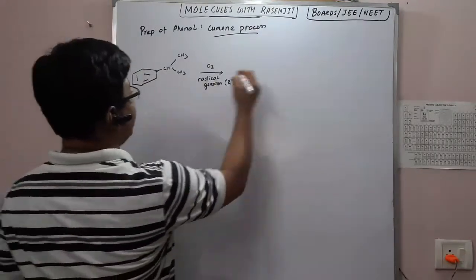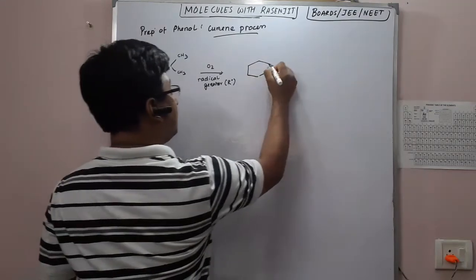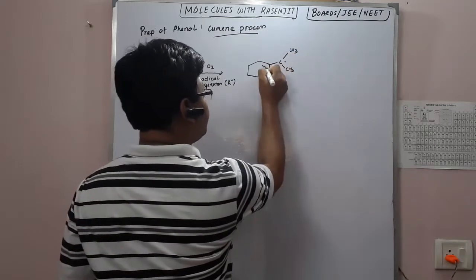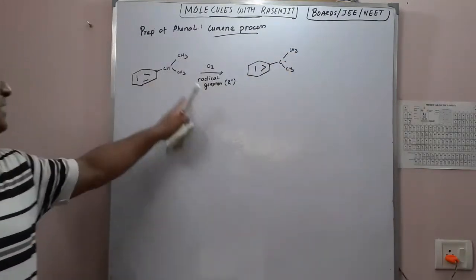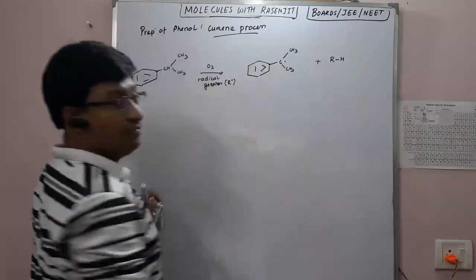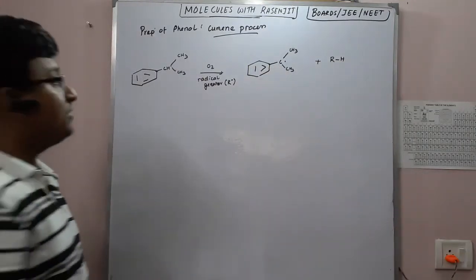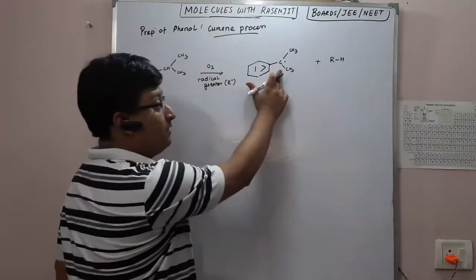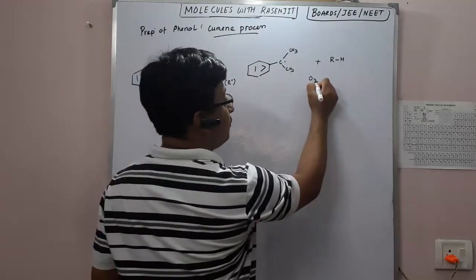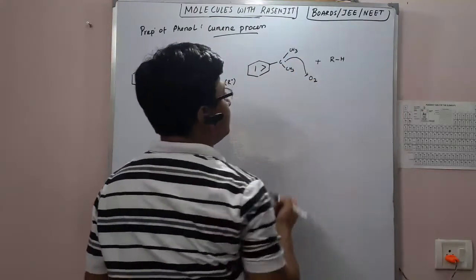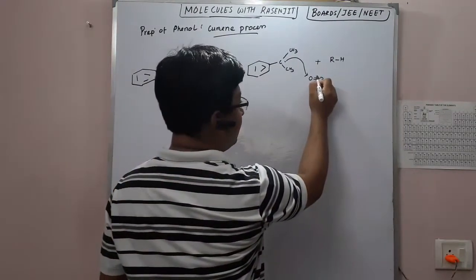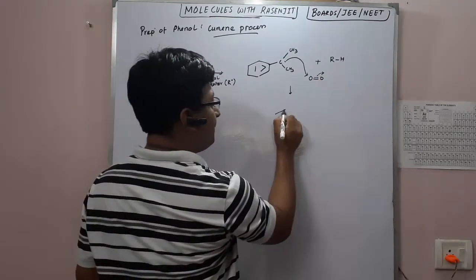This radical will abstract a proton from here, giving RH and leading to the formation of a carbon radical. Now this radical is a stable radical, because it is a tertiary radical and is stabilized by resonance with the ring. Now in presence of oxygen, this radical will attack the oxygen, O double bonded O, and this will form the peroxy radical. So next, what is the step?